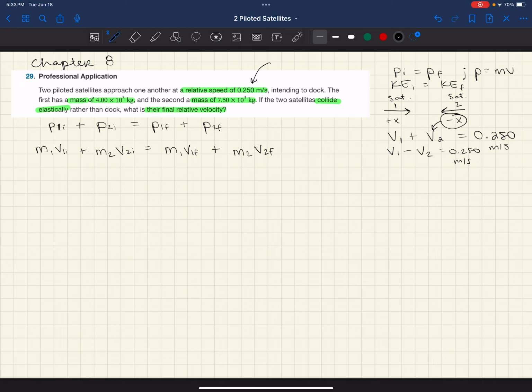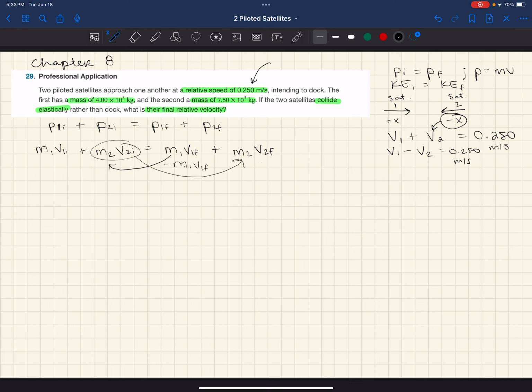Great. Now, both of these objects are moving, so we can't cross out any of our terms. Nothing is just automatically going to go to 0. What I could do, however, to simplify this a bit, is to gather my M1 terms and my M2 terms on the same side. So I'll move this over here by subtracting, and I'm going to move this term to the other side.